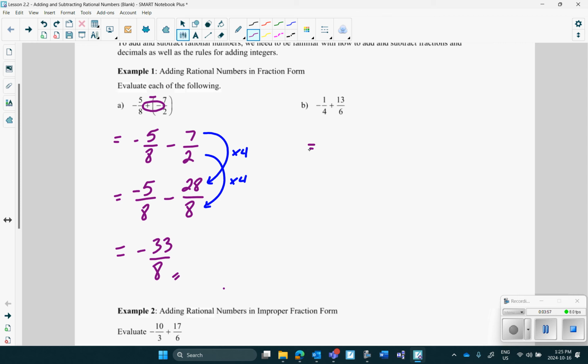This one, we don't really have to worry about any parentheses. We can just go straight into common denominators. What would be the lowest common denominator? 4 and 6? 12. Remember, there's a negative in front here. Don't forget that negative.